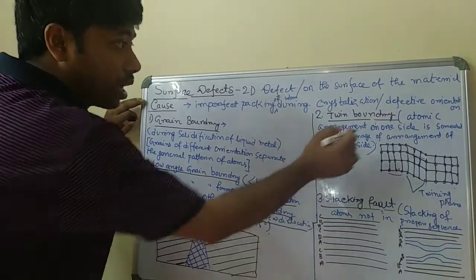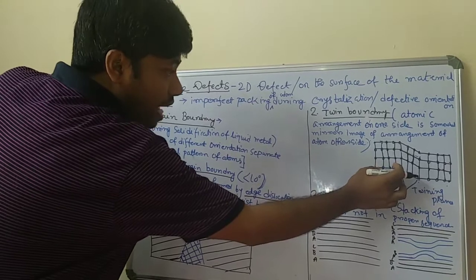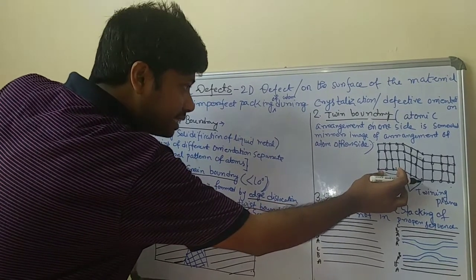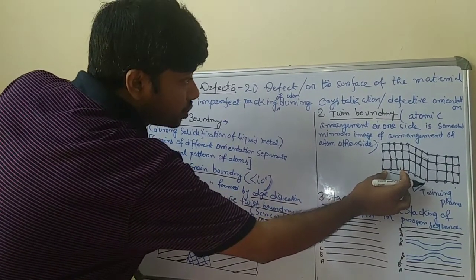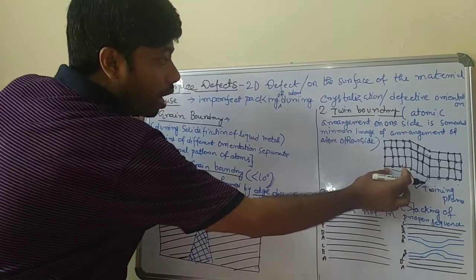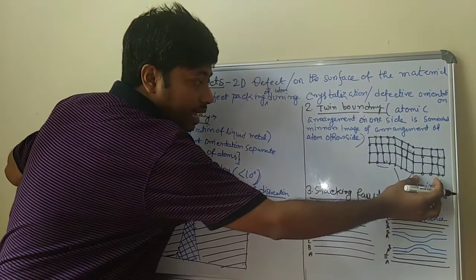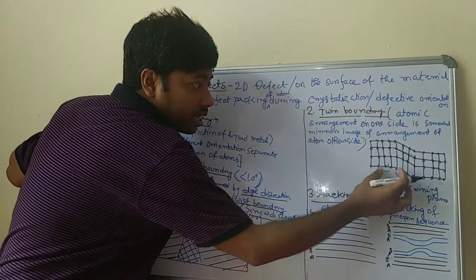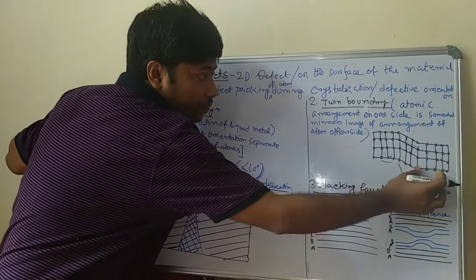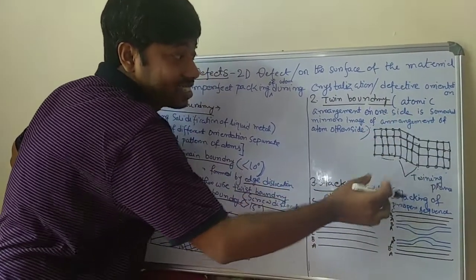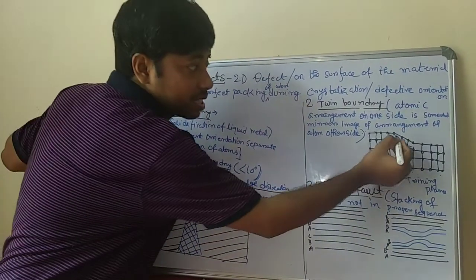So the atomic arrangement on one side is a mirror image of the arrangement on the other side. To differentiate this, the boundary is called the twinning boundary. So this is basically the twin boundary.